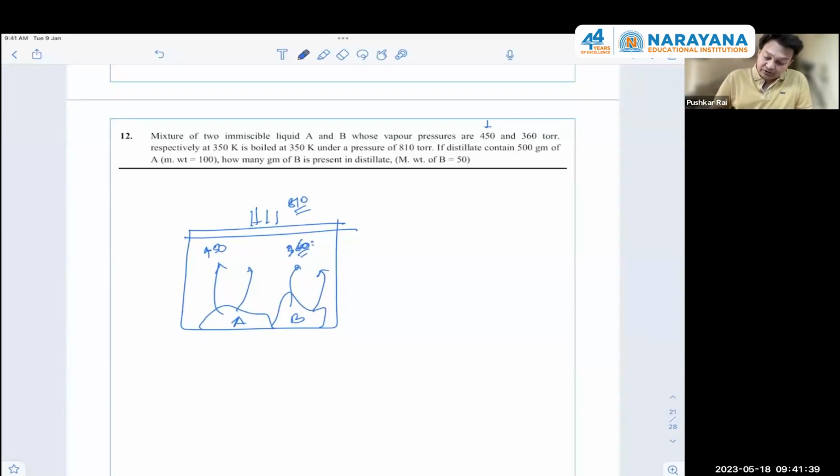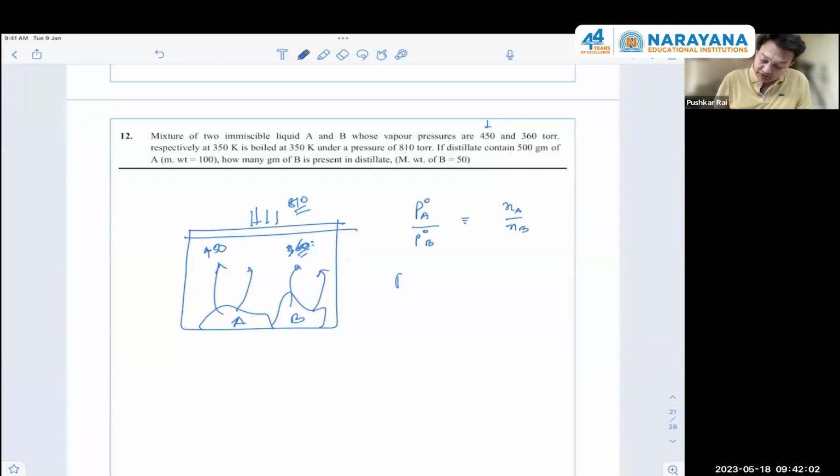So in that situation, P naught A upon P naught B will be simply equal to NA upon NB. The ratio of their moles will be equal to the ratio of their pressures. So if the distillate contains 500 gram of A, you already know how many grams of B is present in the distillate.